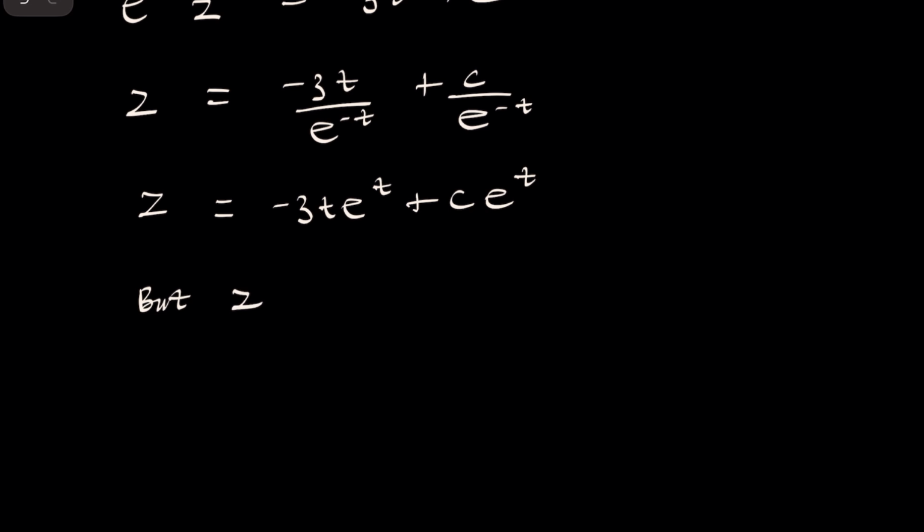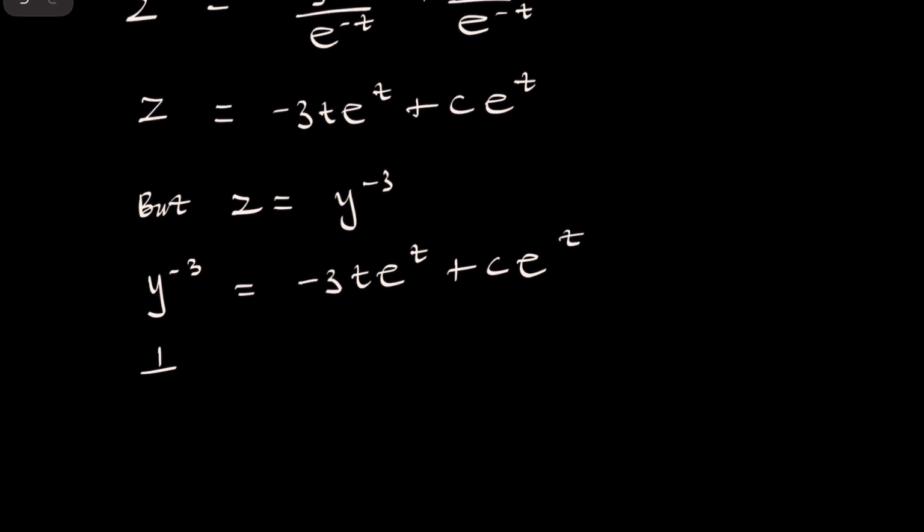But we have z equal to y^(-3), right? And so we are going to have y^(-3) equal to minus 3t e^t plus c e^t.